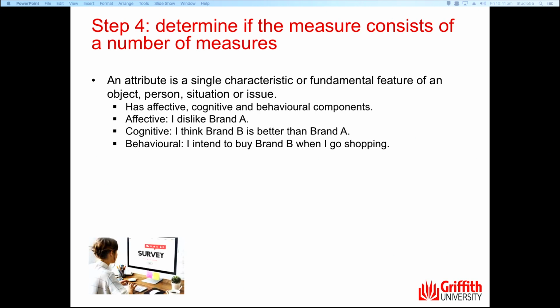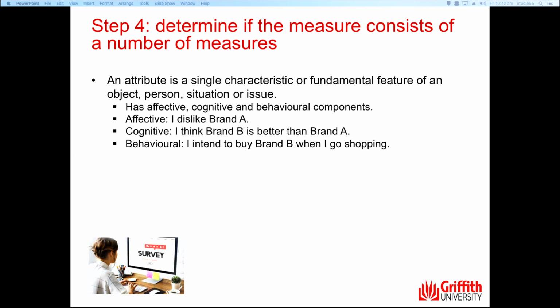So step number 4, we need to determine if the measure consists of a number of measures. This is an attribute of a single characteristic or fundamental feature of an object, person, situation, or issue. Does it have affective, cognitive, or behavioral components?